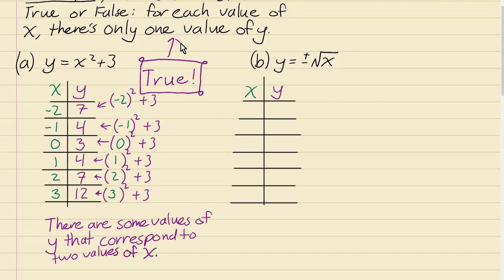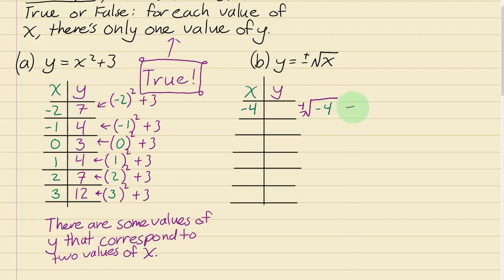Okay, now let's look at this one. I'll pick a value of x. Let's say maybe x equals -4. And if you plug that into the formula here, we're going to do the plus or minus square root of -4, which is imaginary.